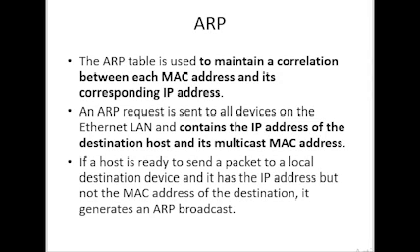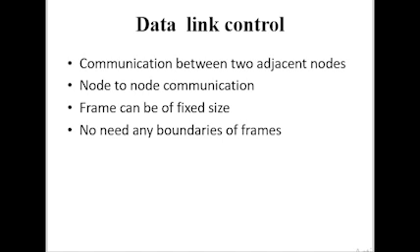An ARP request is sent to all devices on the Ethernet LAN and contains the IP address of the destination host and its MAC address. If a host is ready to send a packet to a local destination device and does not have the MAC address of the destination, it generates an ARP broadcast.